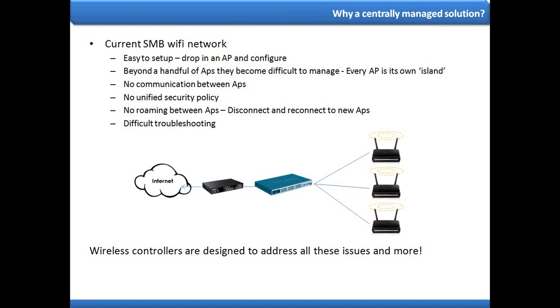You also don't have a function called roaming. And why roaming is important, especially for a small business. For example, a business that may have a warehouse that has scanning guns, or a medical office that may have iPads or other mobile devices, or even a wireless VoIP scenario. When you move from access point to access point, you typically need to re-authenticate, meaning that when you drop from one access point and connect to another access point, there's a lapse in signal.